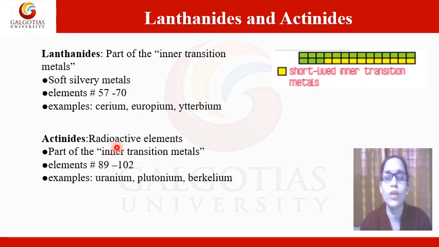They are radioactive elements and are also part of the inner transition elements. The elements from 89 to 102 are called actinides, such as uranium and plutonium, mainly radioactive elements. The lanthanides and actinides each contain 14 elements, and they are placed below the periodic table.